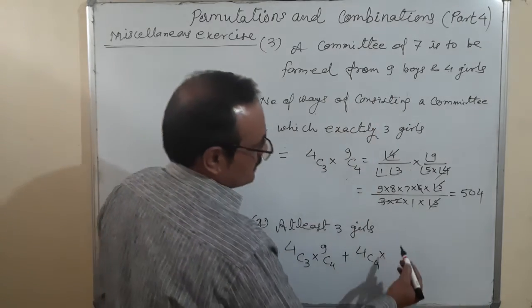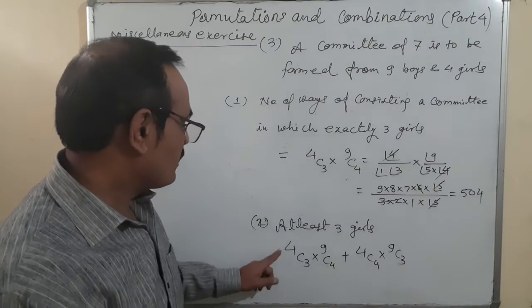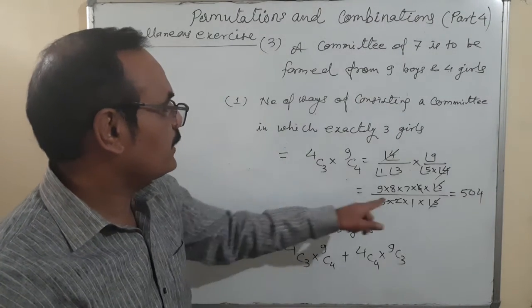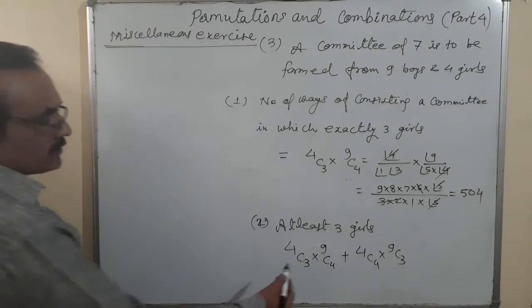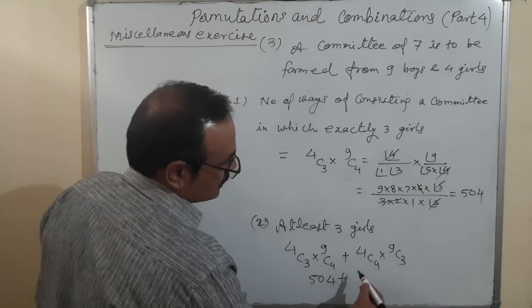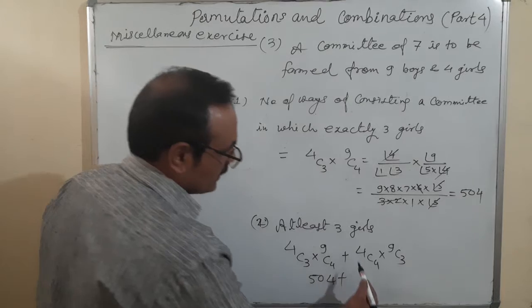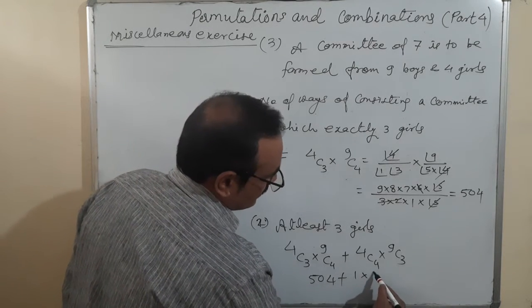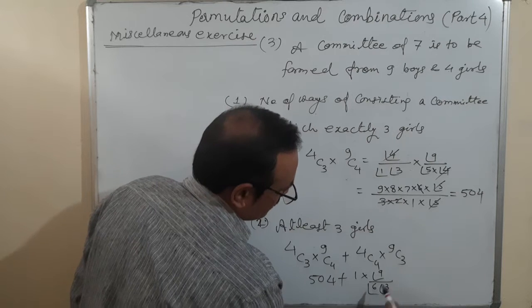So these 3 will be selected from the boys, 9C3. 4C3 multiplied by 9C4 we have already solved. Now we are solving 4C4 into 9C3. So here I can write the result 504 plus 4C4, that is factorial 4 upon factorial 4, cancel, it is 1, into 9C3, factorial 9 upon factorial 9 minus 3, 6, into factorial 3.